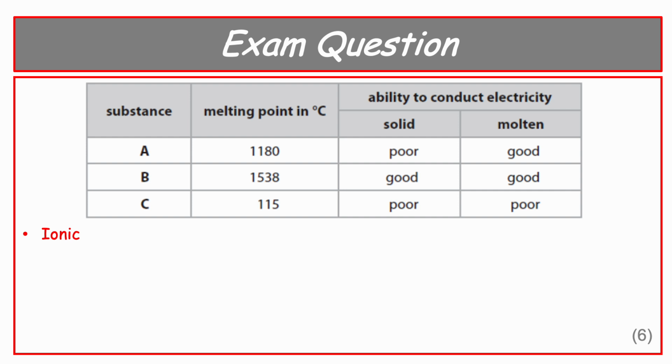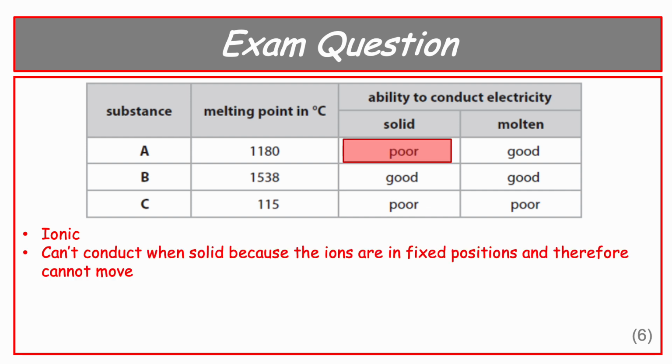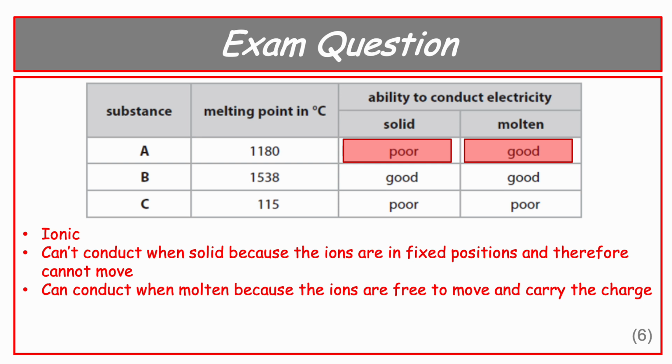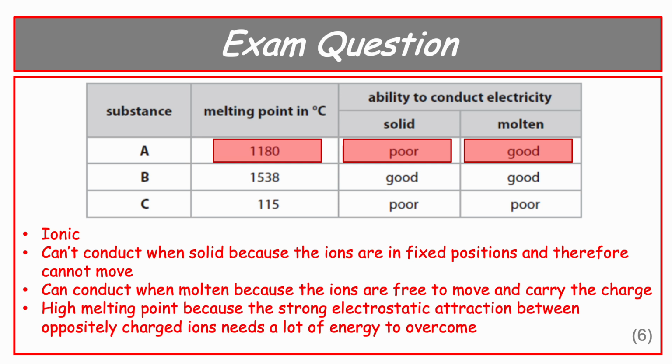It doesn't conduct when solid because the ions are in fixed positions. It does conduct when molten because the ions are free to move and carry that charge. That's what you need to state for substance A. And you're looking at 2 marks for this.